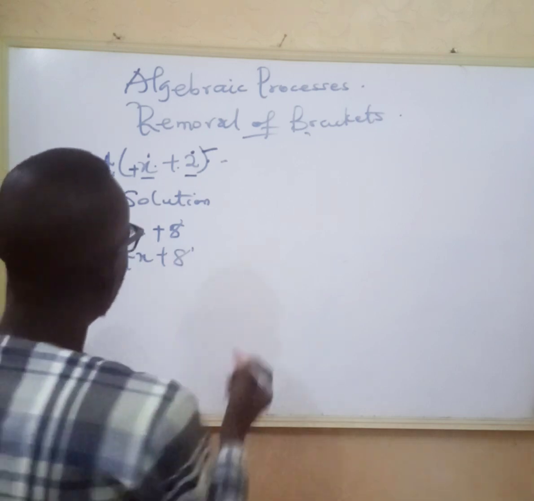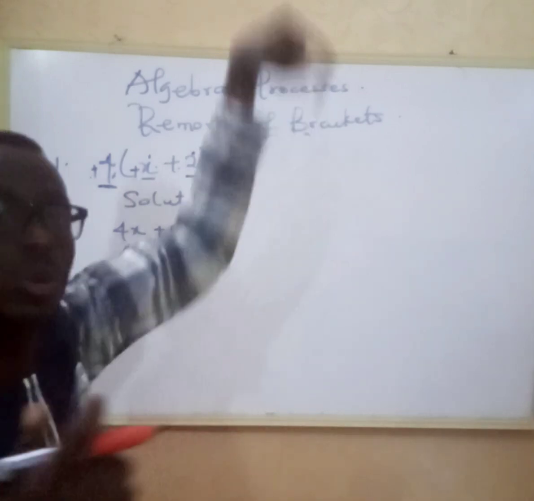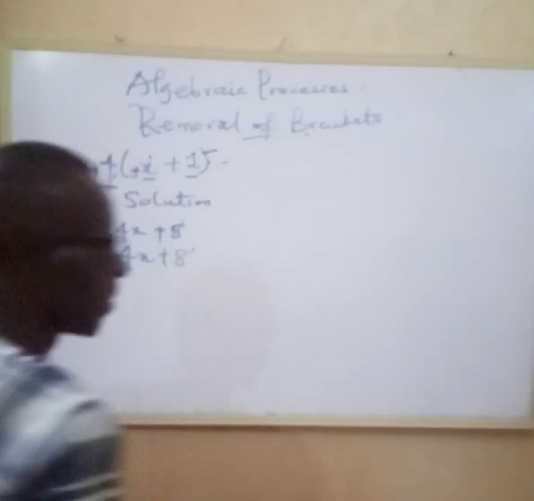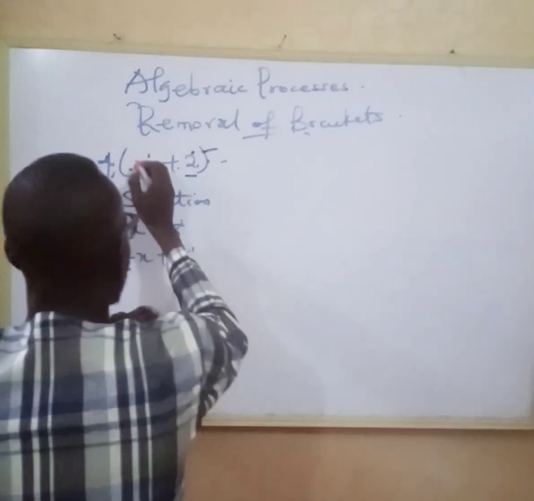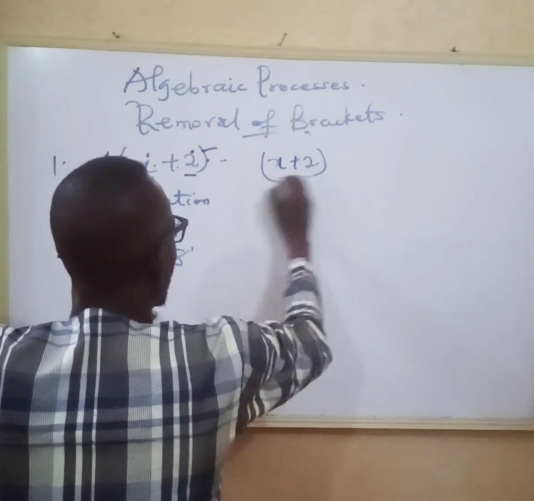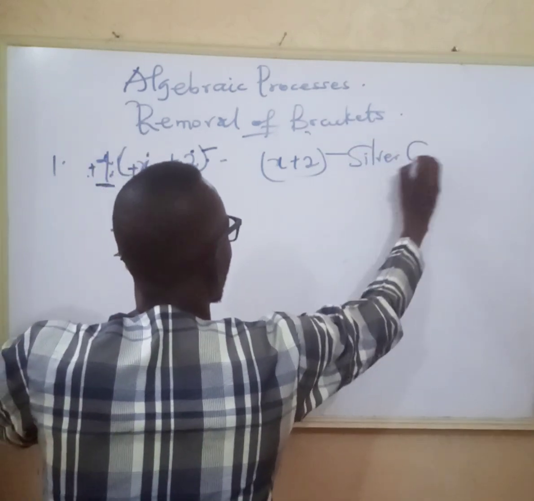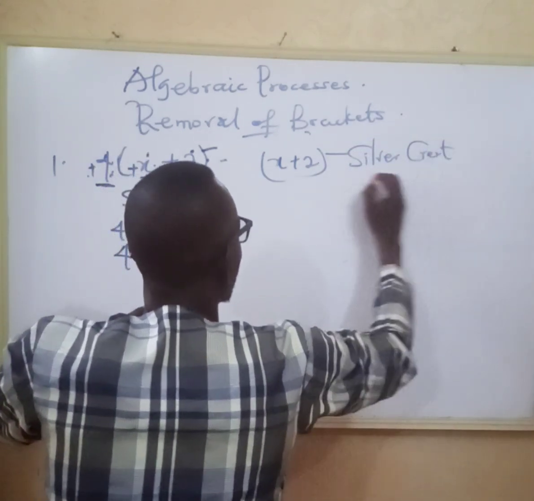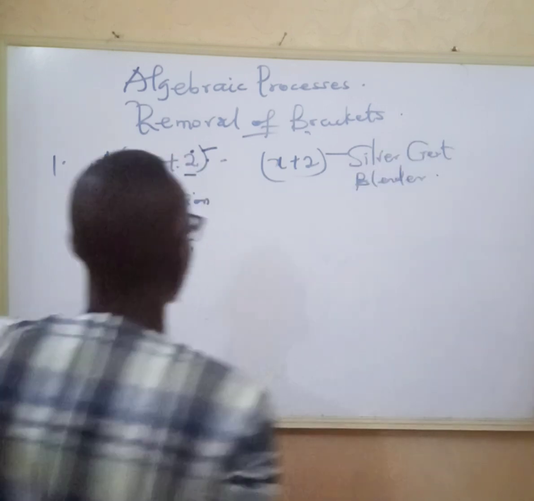But when we relate this to the study of the algebraic process involving the removal of brackets using the Silver Crest Blender as a concrete concept, we have said that s plus 2 is a Silver Crest Blender.